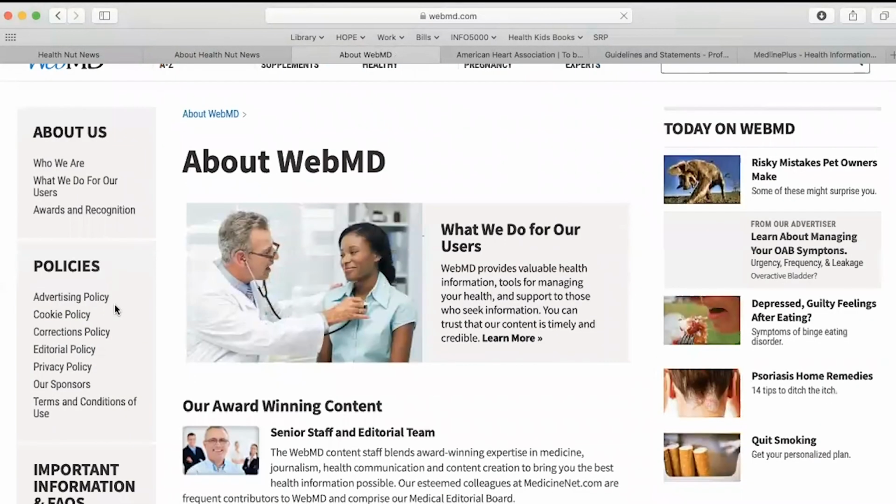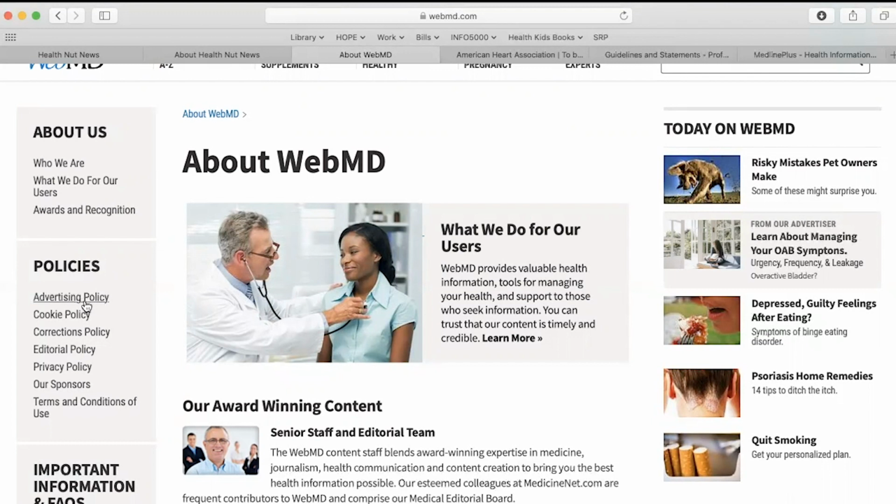So again, they have several policies here. When we're thinking about what their motivation is, advertisement is part of their motivation. This is a .com, as you can see from the URL. So they're a company. They need a revenue source; their purpose is to make money. It's not just to provide information.